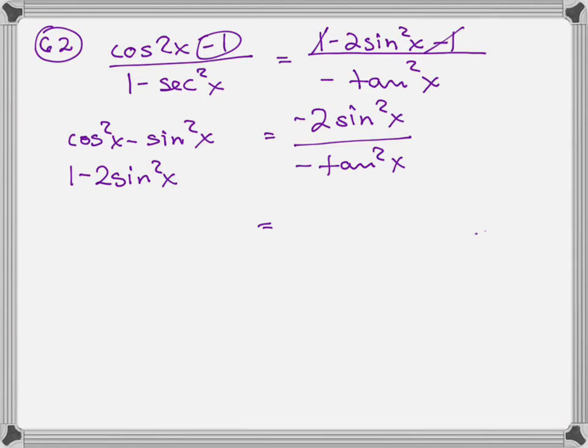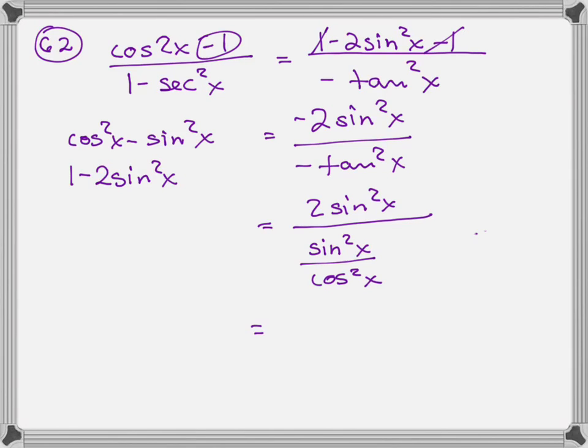If we change the tangent to sine and cosine, a negative divided by a negative is a positive, so we don't have to worry about the sign. Divided by sine squared x over cosine squared x.